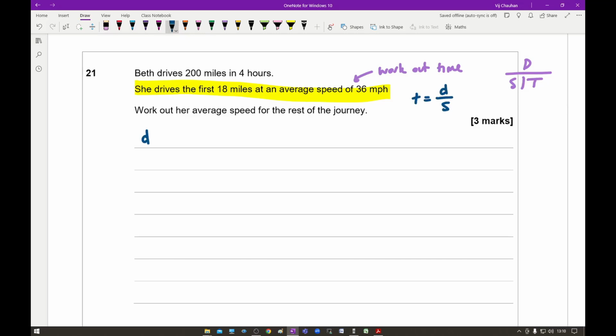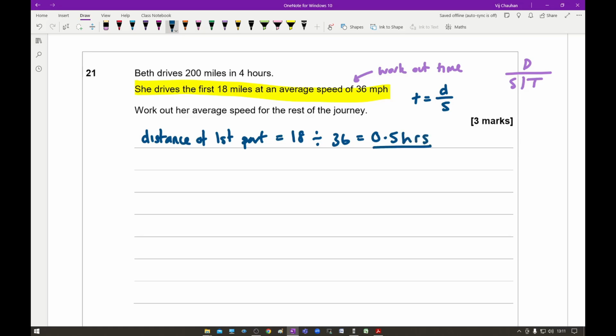So to work out the time of the first bit, well, that's going to be the distance, which is 18 miles, divided by the speed, which is 36. And that comes up to a total of 0.5. And because the speed units are using time in hours, that's going to be 0.5 hours.